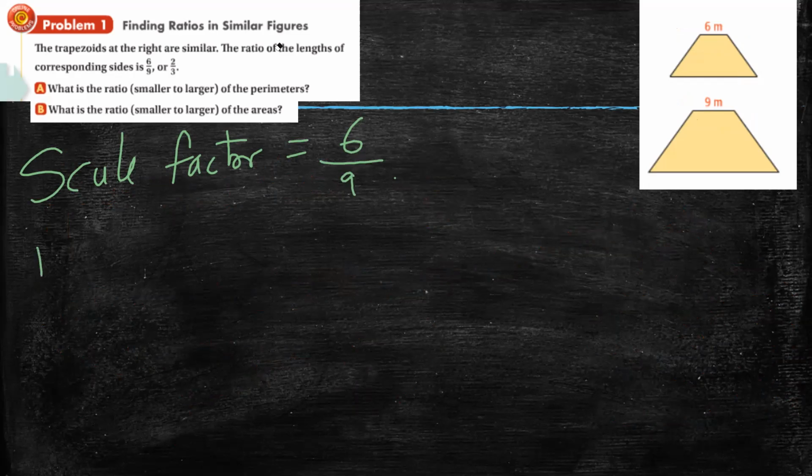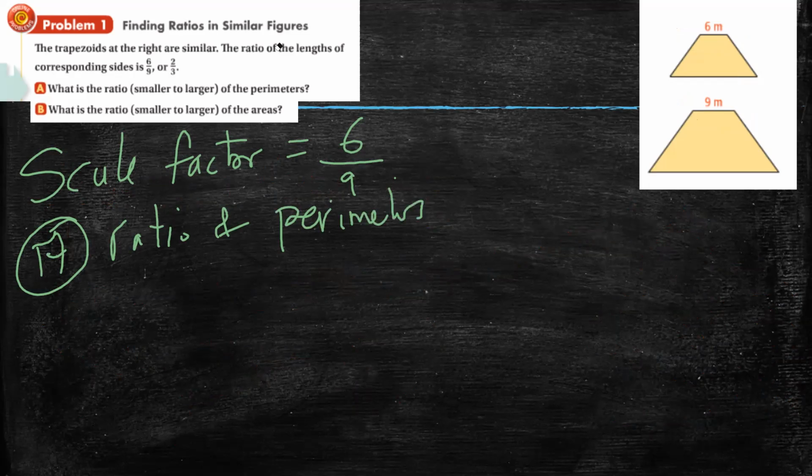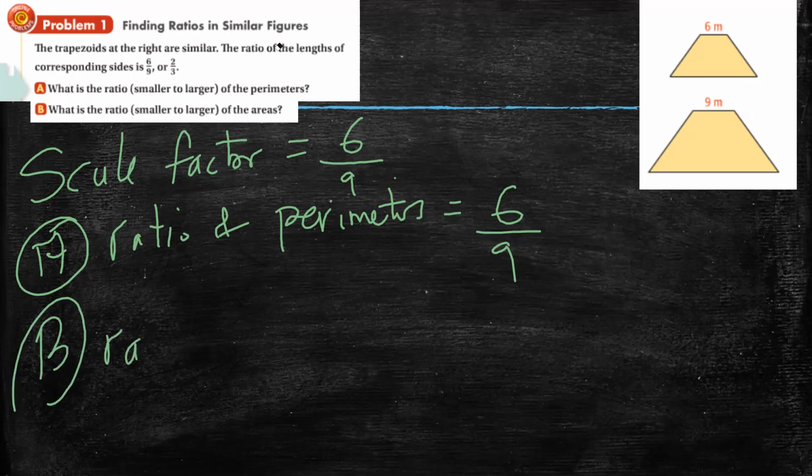So the ratio of the parameters, as we said, is also 6 over 9. And now I want to find the ratio of the areas.